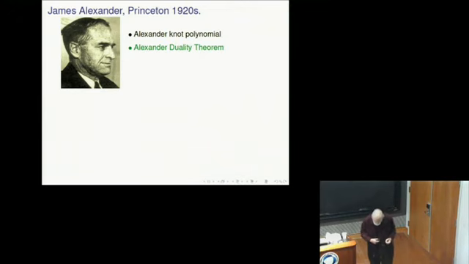So he knew now not only that a curve would split the two-sphere into two regions, but if you take any subcomplex of any sphere, if you know the homology of the subcomplex, you can compute the homology of the complement. So for example, any n-1 dimensional manifold splits the n-sphere into two connected pieces.